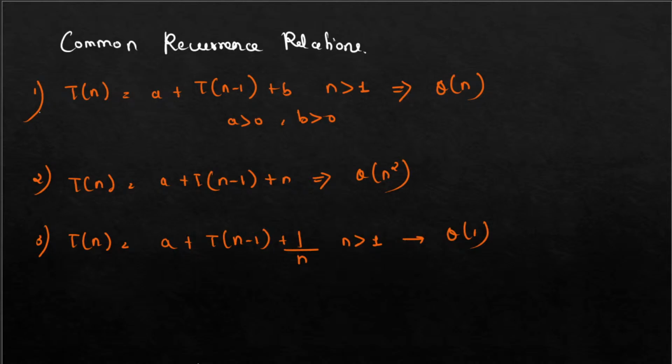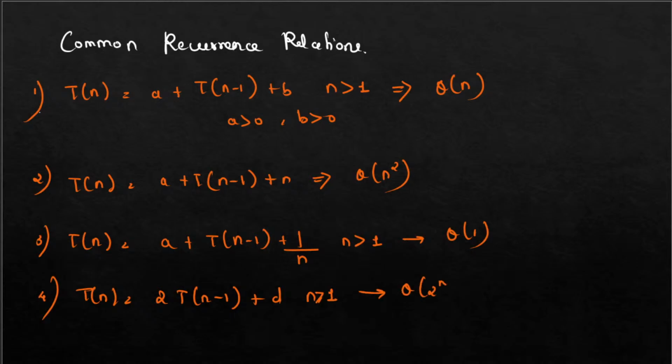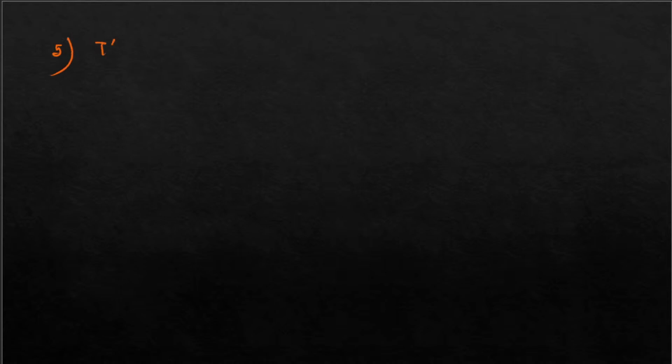Now let's see the next one. The fourth one is T of n equals 2T of n minus 1 plus d, where n is greater than 1. So it will be theta of 2 to the power n. Now the fifth one. T of n equals T of root n plus a, where n is greater than 2.